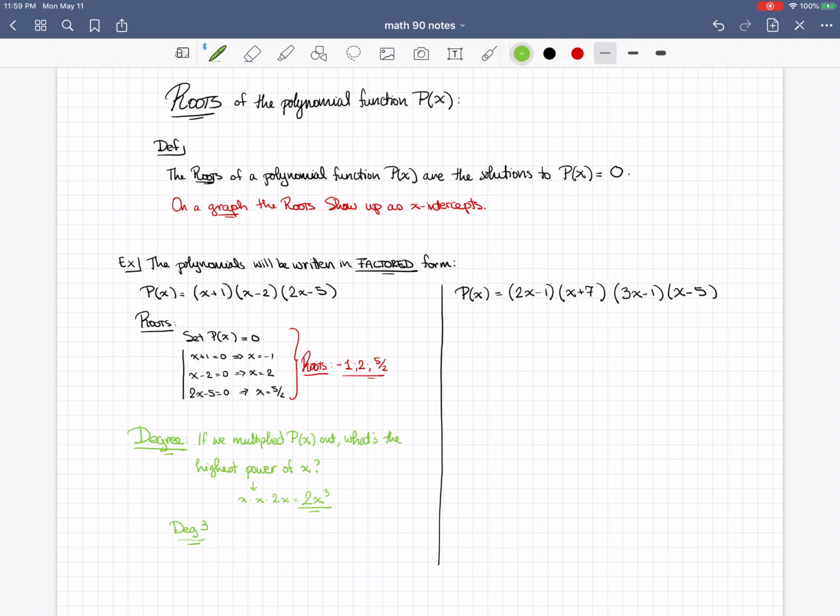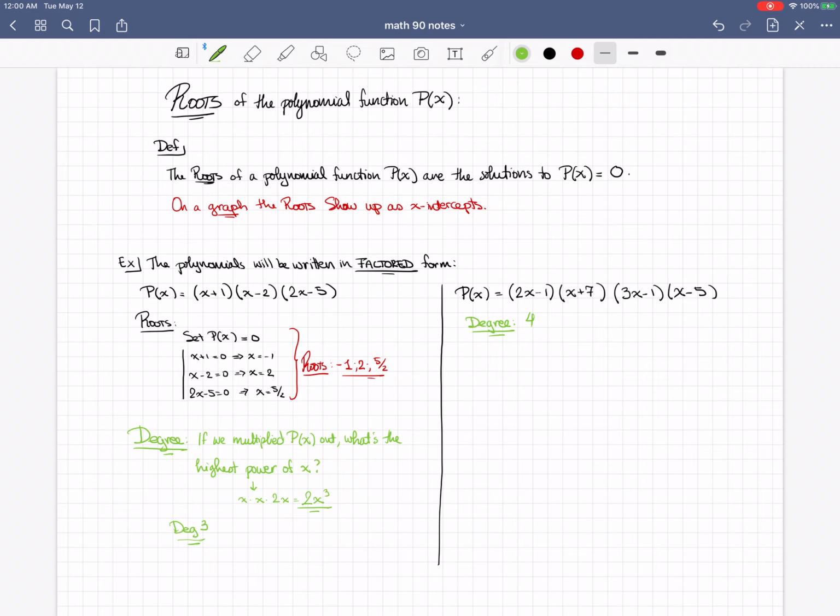I'm going to jump straight to the degree this time. Again, if you're thinking about how you would end up with the highest power of x, you're going to do this by multiplying all the x terms together. So you'll do 2x times x times 3x times x. There are 4 x terms because there are 4 factors. So the degree is 4.